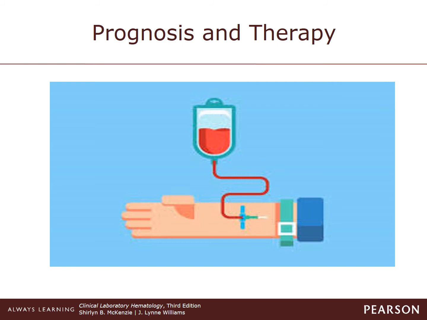Usually, there is a 5-year survival rate at about 79%. But first, again, if it is acquired aplastic anemia, you want to remove the causative agent and then provide supportive care. Now, if it is inherited, you want to try the bone marrow transplant first, and if there is no suitable donor, try immunosuppressive therapy.